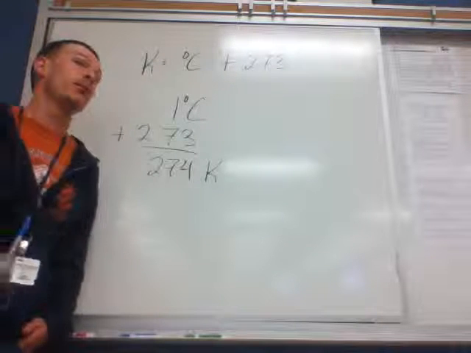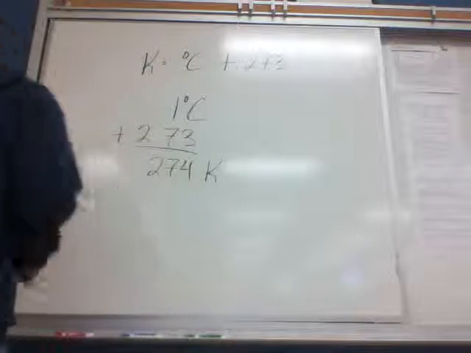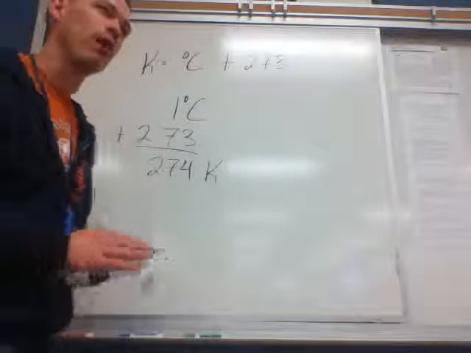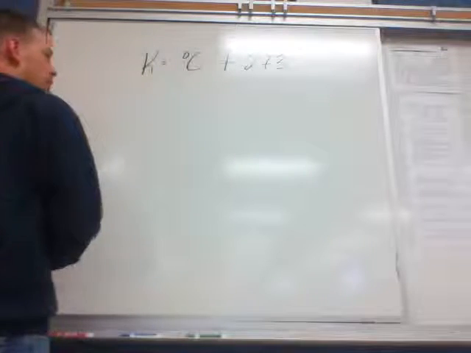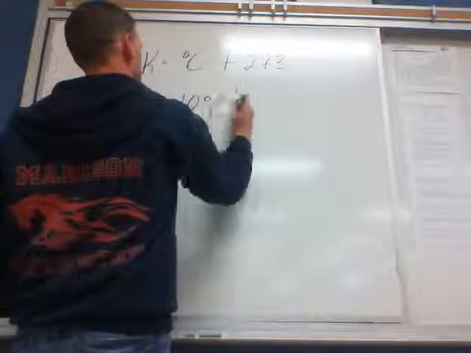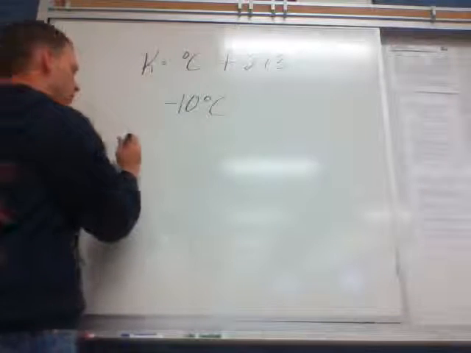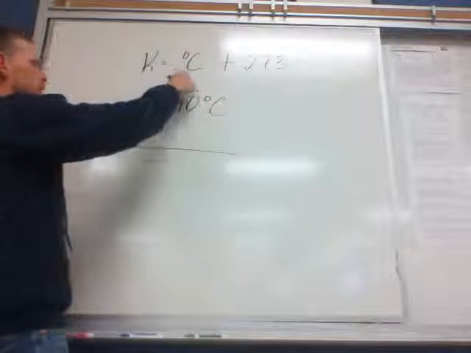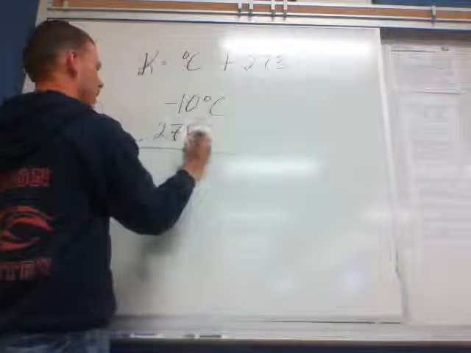Now, one thing that temperatures can do, and it really shouldn't cause you trouble at this point in your life, is that temperatures can be negative, right? Not often where we live, but it could be negative 10 degrees Celsius. And if I want to know what that is in Kelvin, well, same thing. Take the degrees Celsius and add 273.